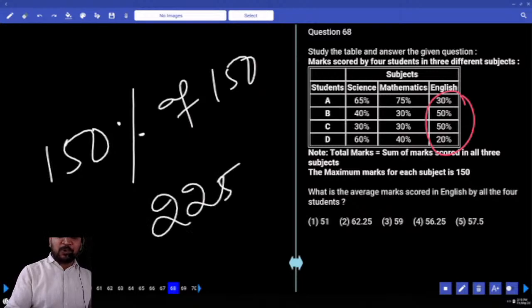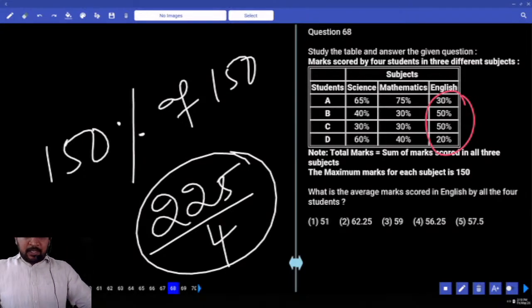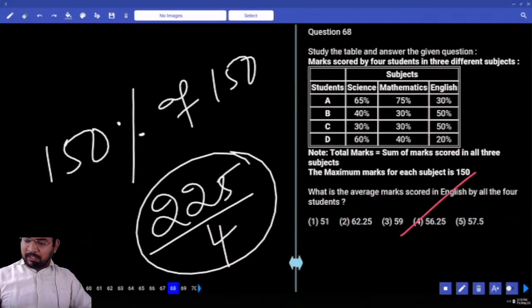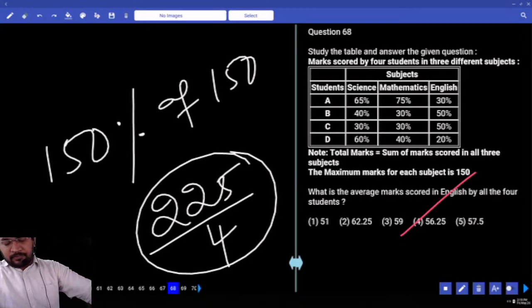But they are asking the average, divided by 4. How much? 56.25. Are you clear?